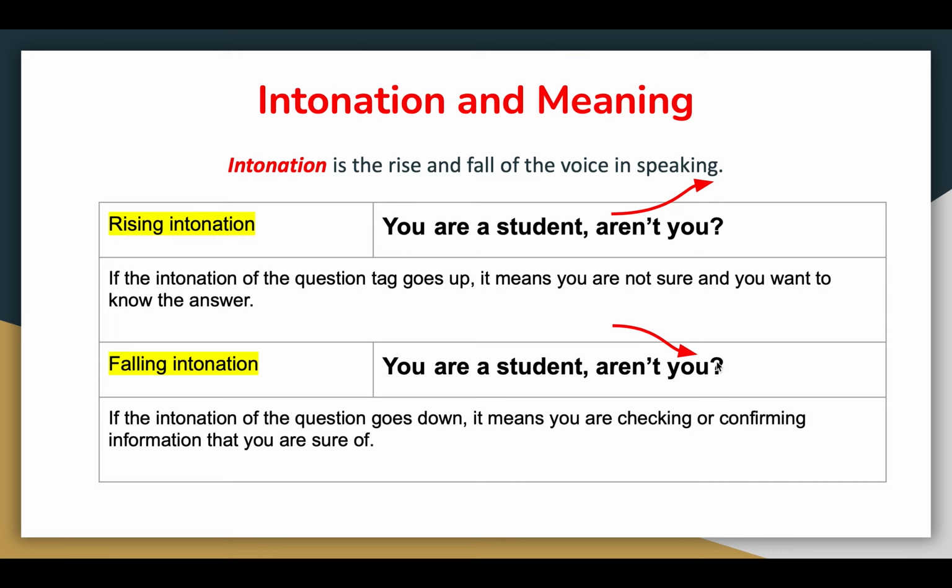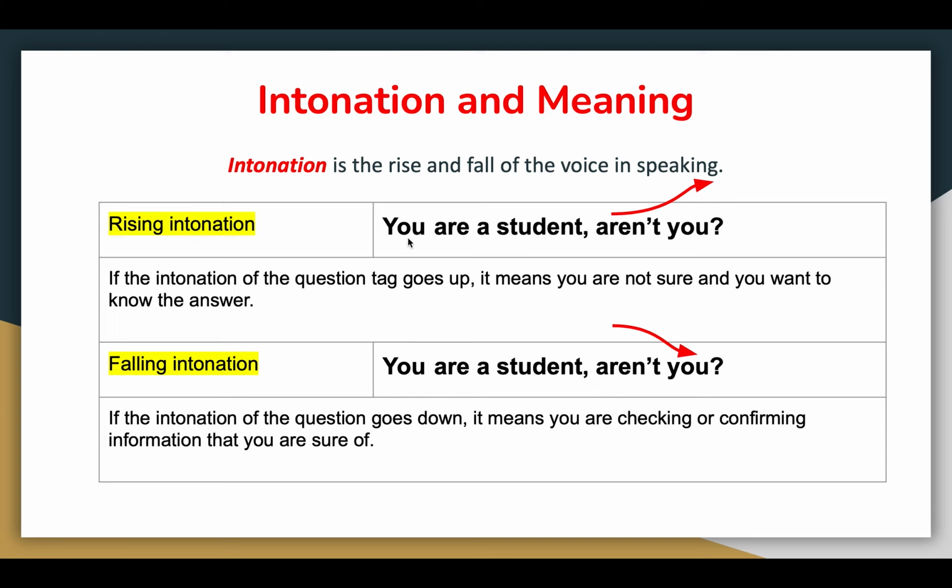What does that mean? If the intonation of the question goes down, it means you are checking or confirming information that you are quite sure of. You're sure that the person you're talking to is a student. You have an idea already that the person is a student. You're a student, aren't you?